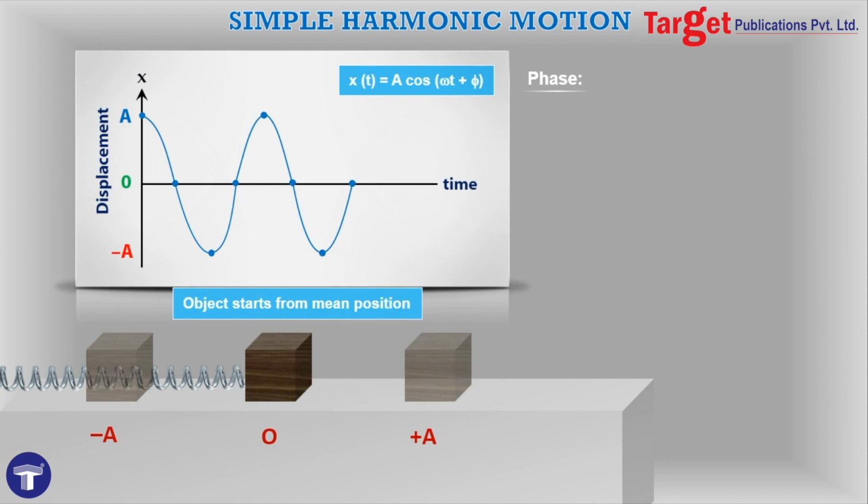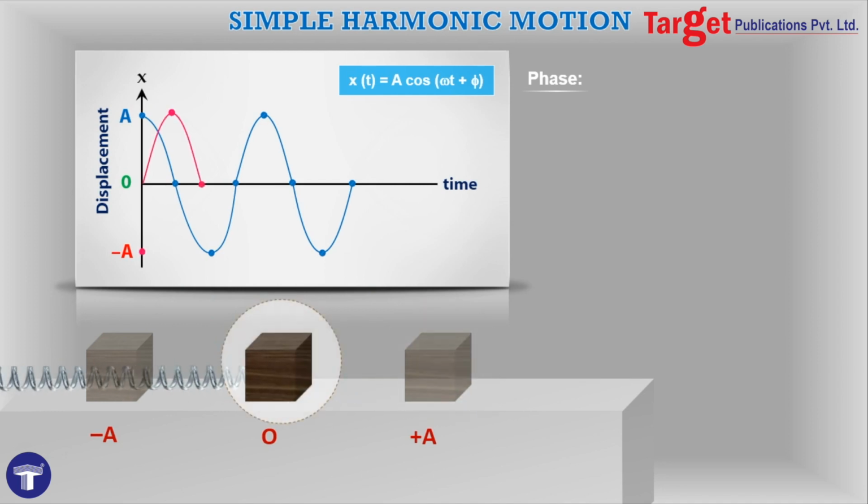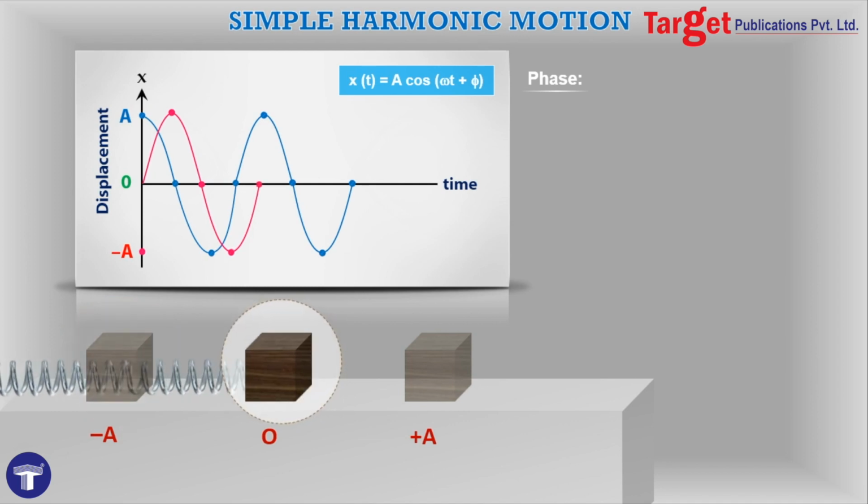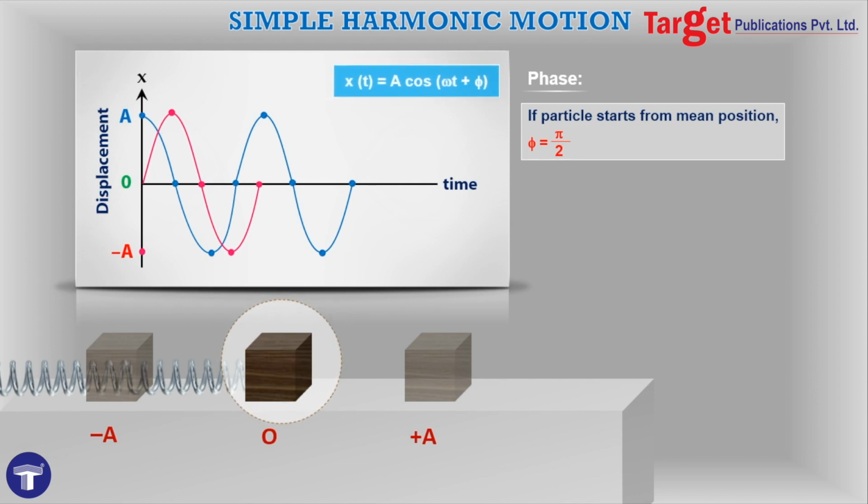Similarly, the particle could also start from the mean position. In such a case, you will see that at t = 0, the displacement should be 0. And therefore, when I plot this displacement with time, I see that for this case, I will need a sine function, and therefore φ must be π/2, so that x = A cos(ωt + π/2), which gives me A sin ωt, and the condition that at t = 0, x must be 0 is fulfilled.